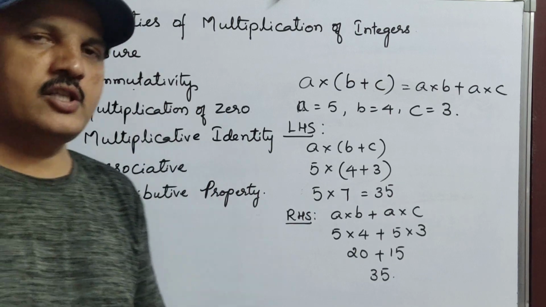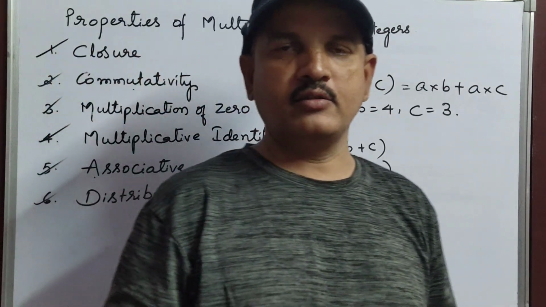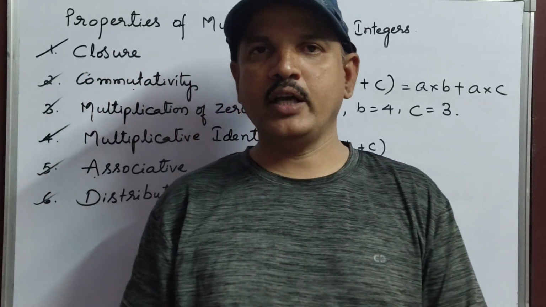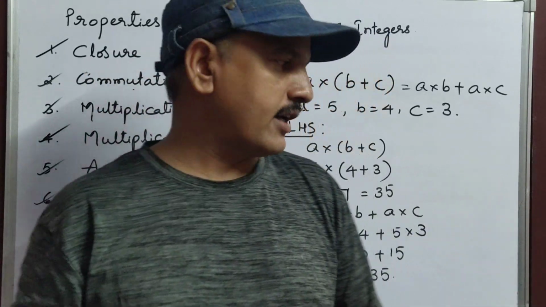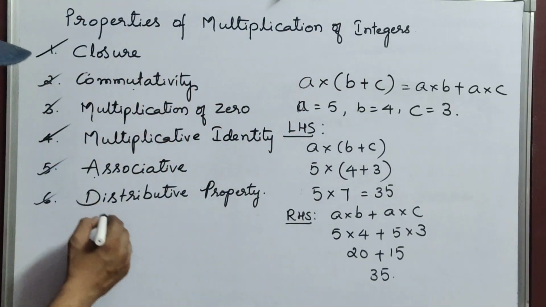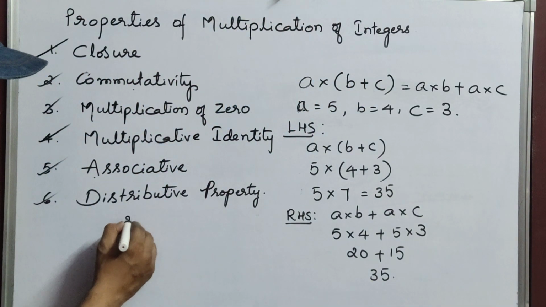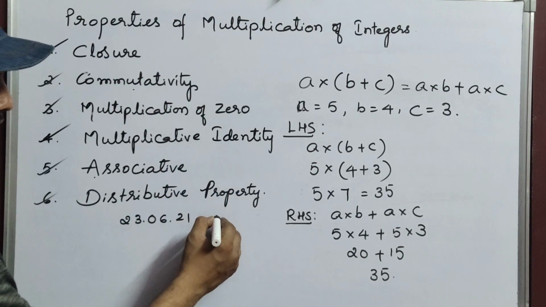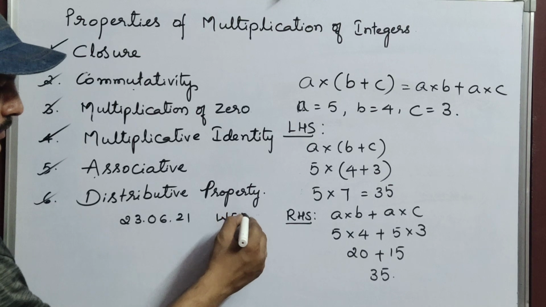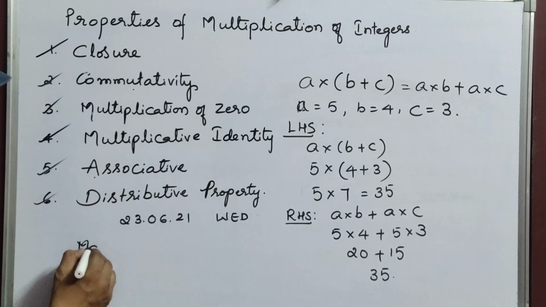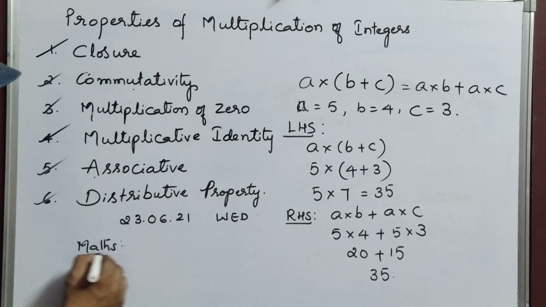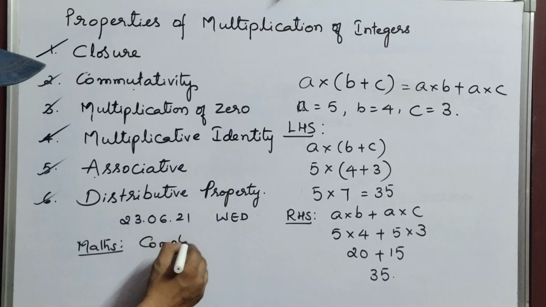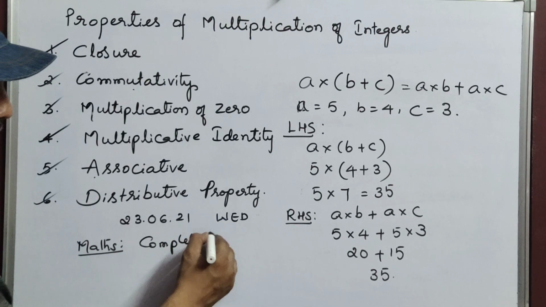Now these are the properties we discussed in today's class. You may feel that there is no homework, but homework is there. In your diary you can write: today's date is 23, Wednesday. Maths homework: complete the CW.